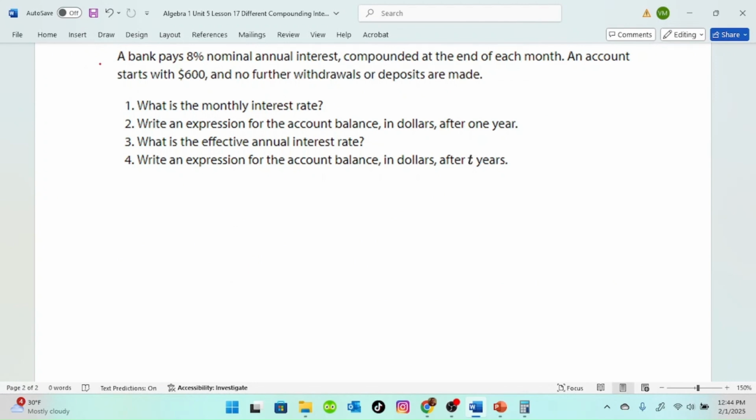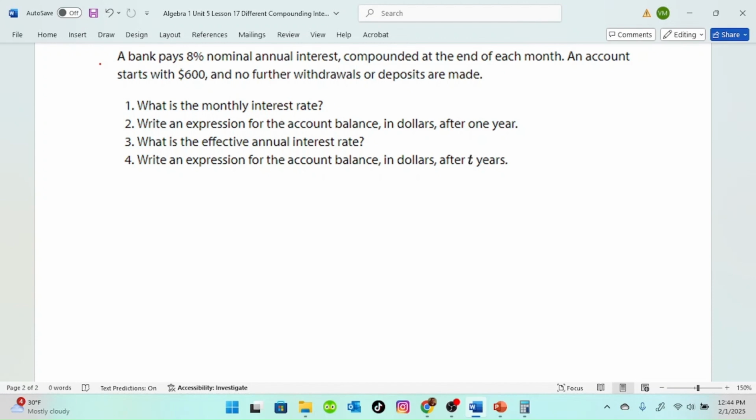Our next practice problem says a bank pays 8% nominal annual interest rate, compounded at the end of each month. An account starts with $600 and no further withdrawals or deposits are made.